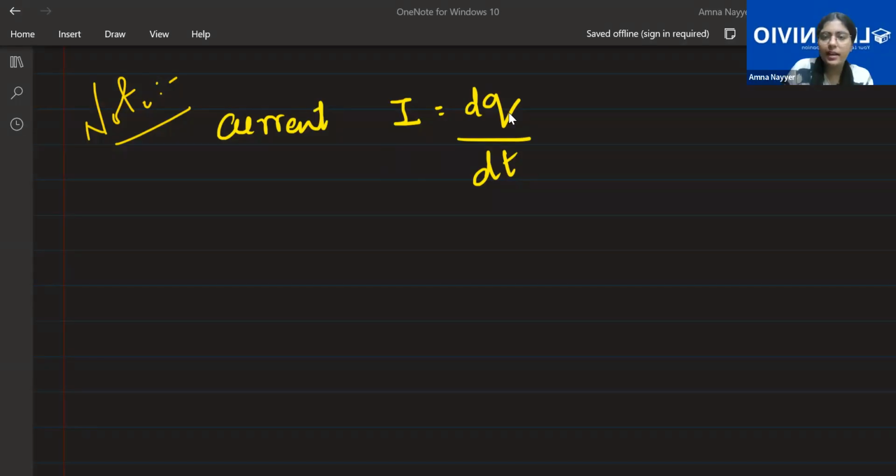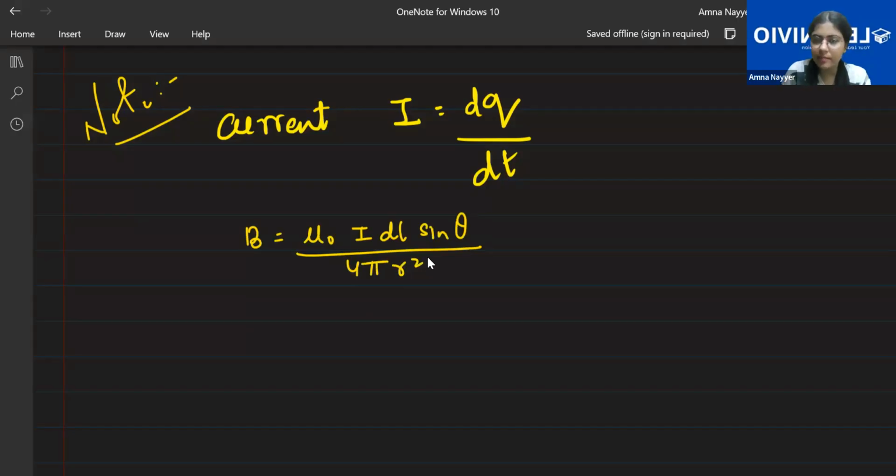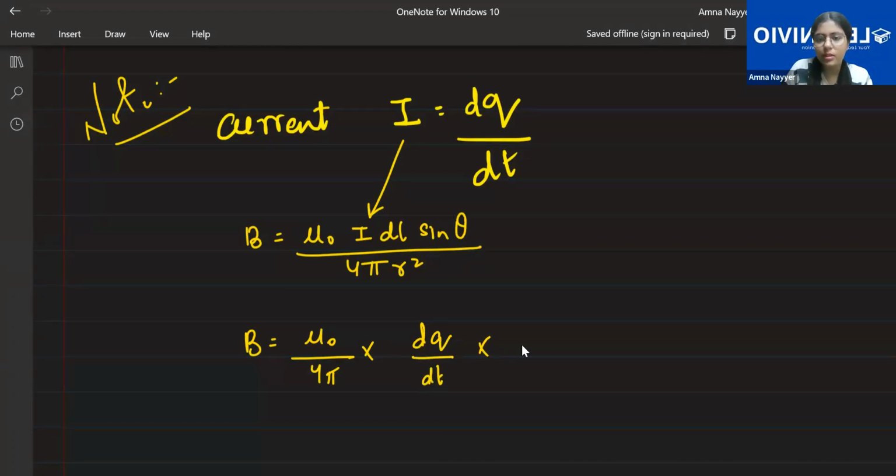Now, if this is the value of current and I write the Biot-Savart law, B is equal to mu naught I dl sine theta divided by 4 pi r square, and instead of this I put this I's value, I'll get mu naught by 4 pi into, for the current, dq over dt, into dl sine theta divided by r square.